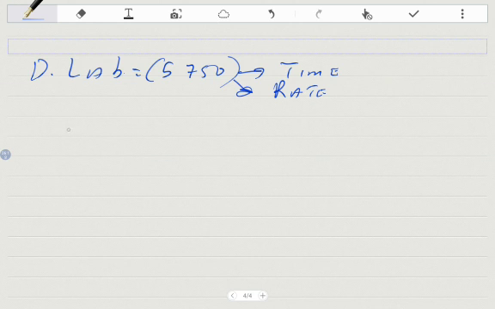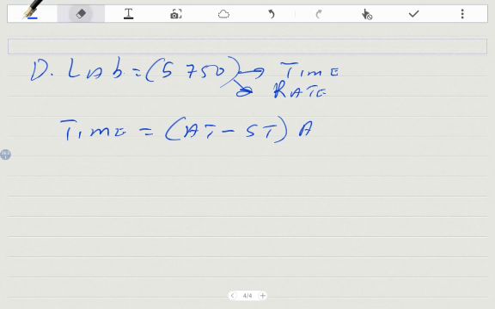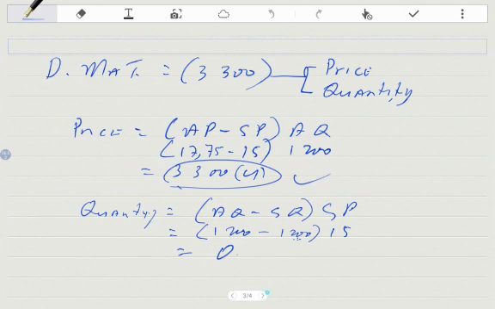Let's take the time. With the time, the formula will be your actual time minus your standard time, times the standard rate. That's the formula that we have. Looking at our actual time, with the information that we have here, we don't necessarily have the time.